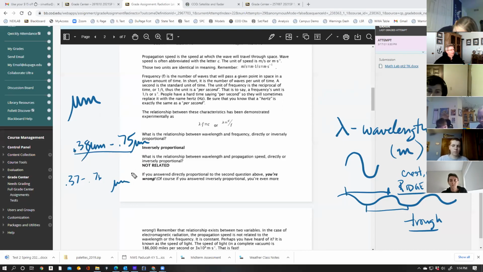So it's about there. Do you agree that the visible spectrum is very narrow? How many colors in the visible spectrum? Well, what are the colors of a rainbow? How many? And what's the initials? There's 7 colors.